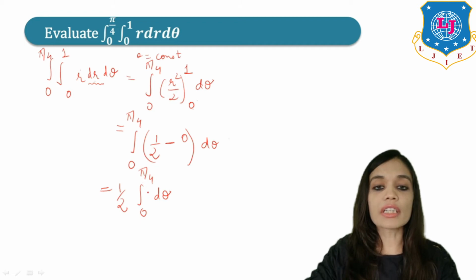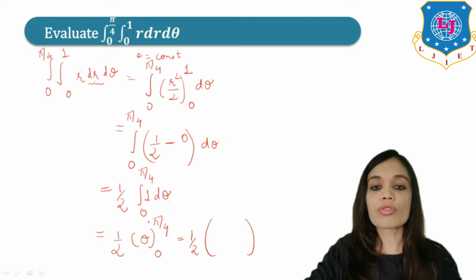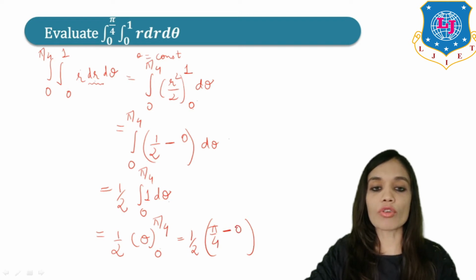Now we know the integration of 1 d theta. It will be equal to 1 upon 2 as it is, integration will be equal to theta. Put your limits, that is 0 to pi by 4, right? Now again 1 upon 2 as it is. Just put your limits. So the upper limit is what? Pi by 4 minus put your lower limit which is 0, right?